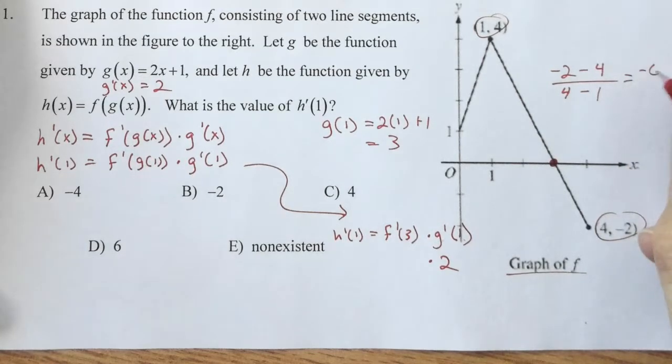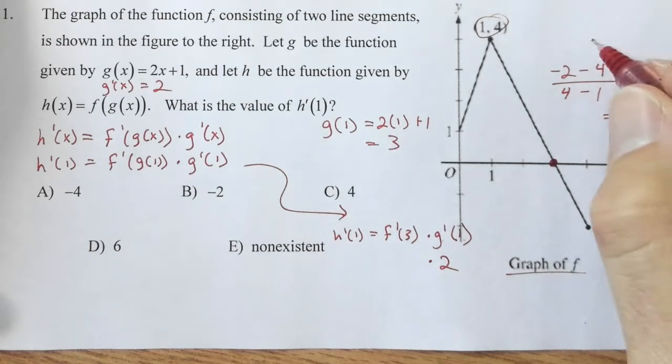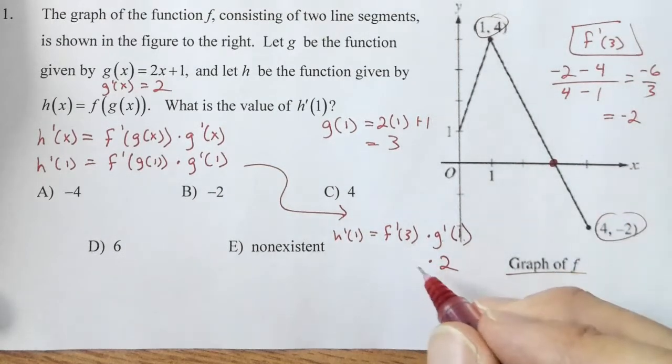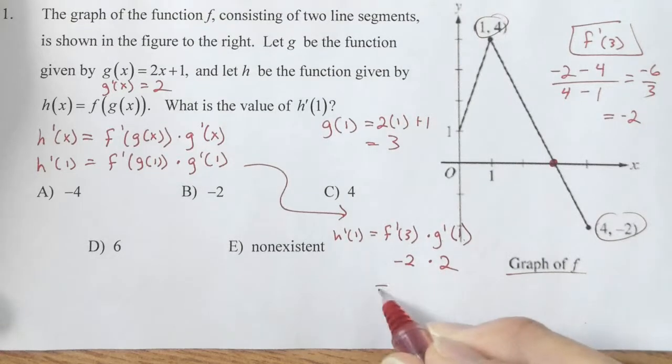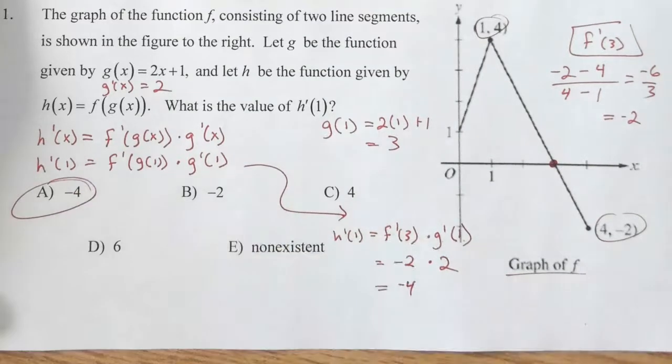So we have negative 6 over 3, which is negative 2. This is f prime of 3. So f prime of 3 gets replaced by negative 2. So h prime of 1 is negative 2 times 2, which means it's negative 4. A is our answer.